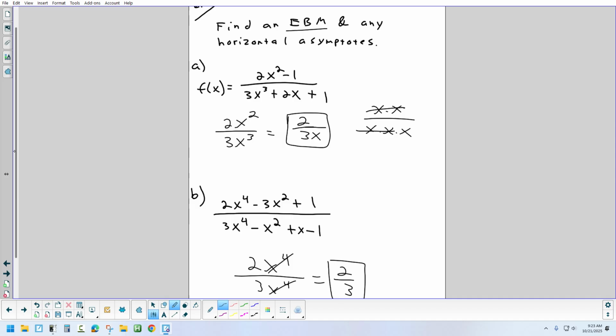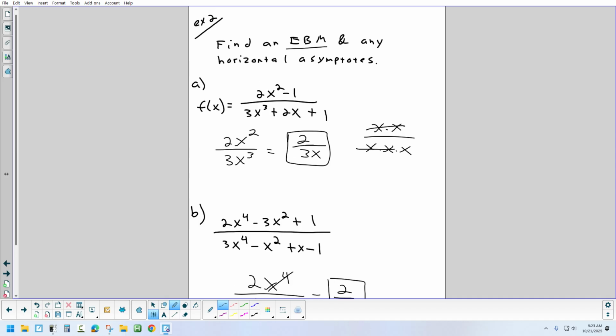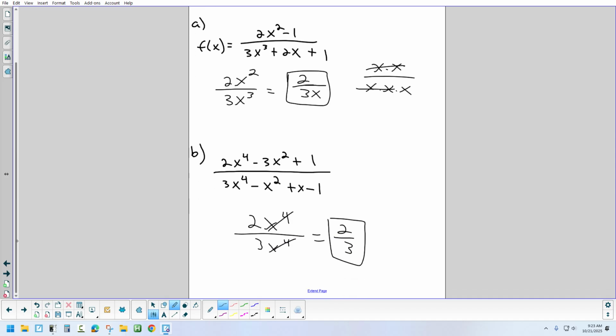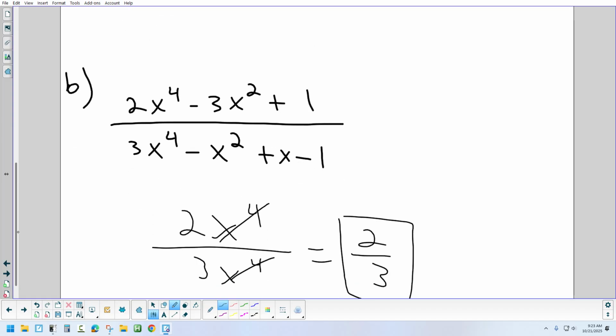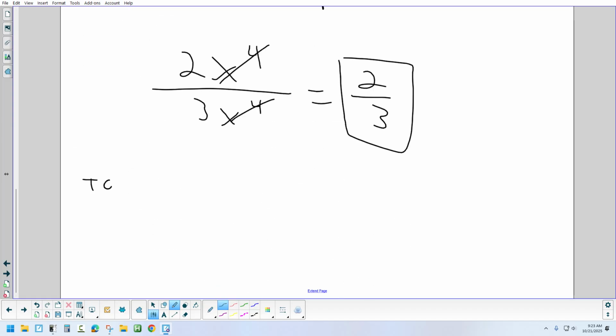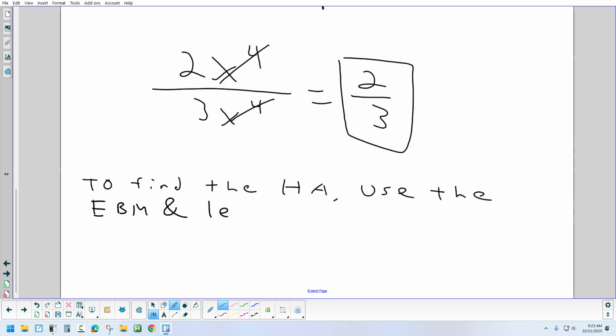Now, the next part they said is find the horizontal asymptote. Let me explain how you do that. To find the horizontal asymptote, first thing you need is the EBM. That's why we did that first. Use the EBM and let x approach infinity.